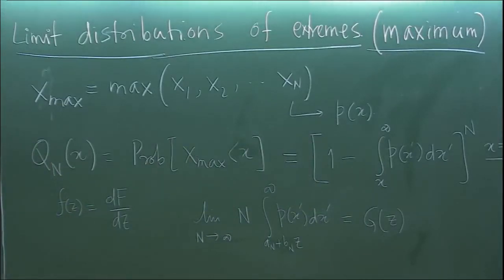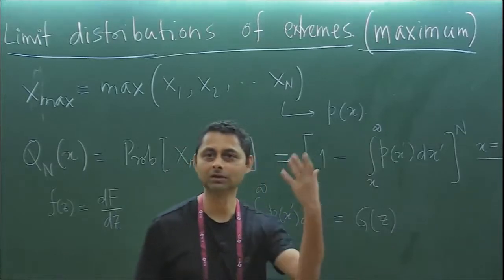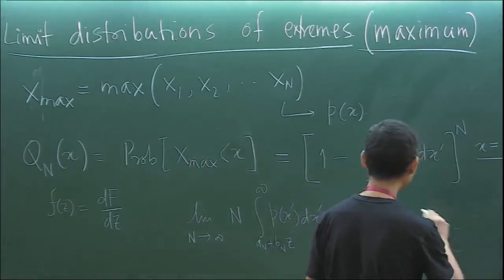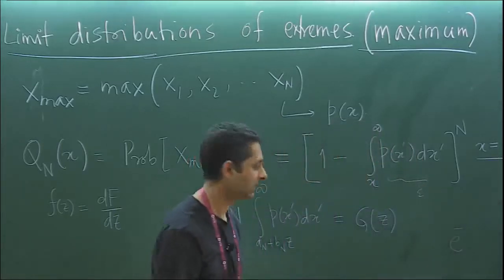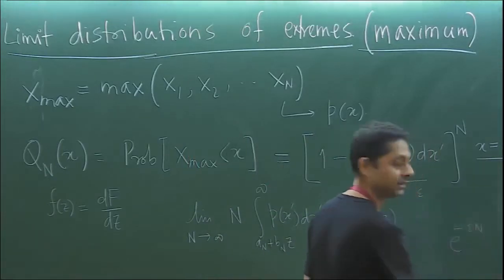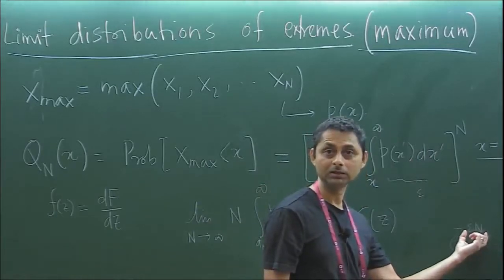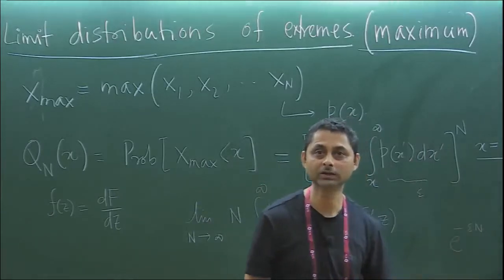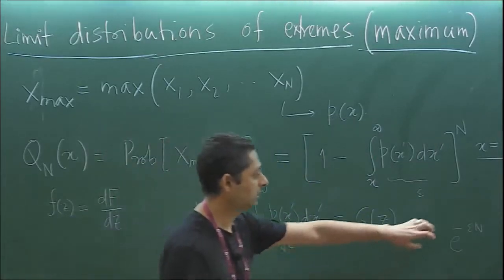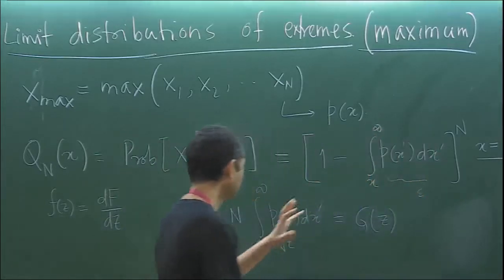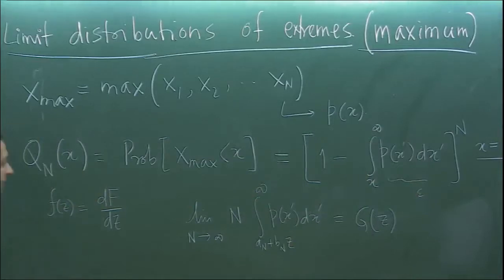Could it also not decay faster than 1 over n square? No, then it will go like 1. It will be independent of z, right? It will be something like some small number, if you just call it epsilon, right? So then this is epsilon n, the whole thing. Now if this has to become n independent, epsilon should go like 1 over n, right? If it is 1 by n squared, then in the limit n goes to infinity, it will just become 0, right? So it should become like that.